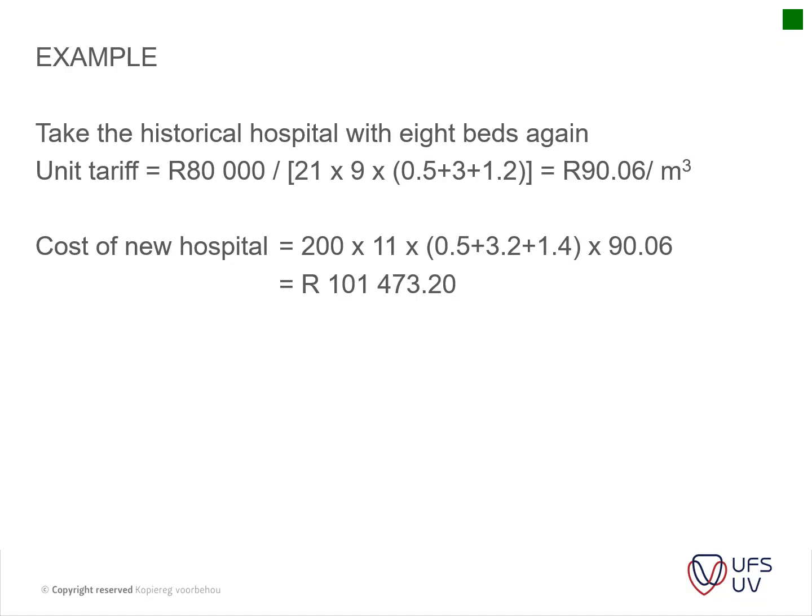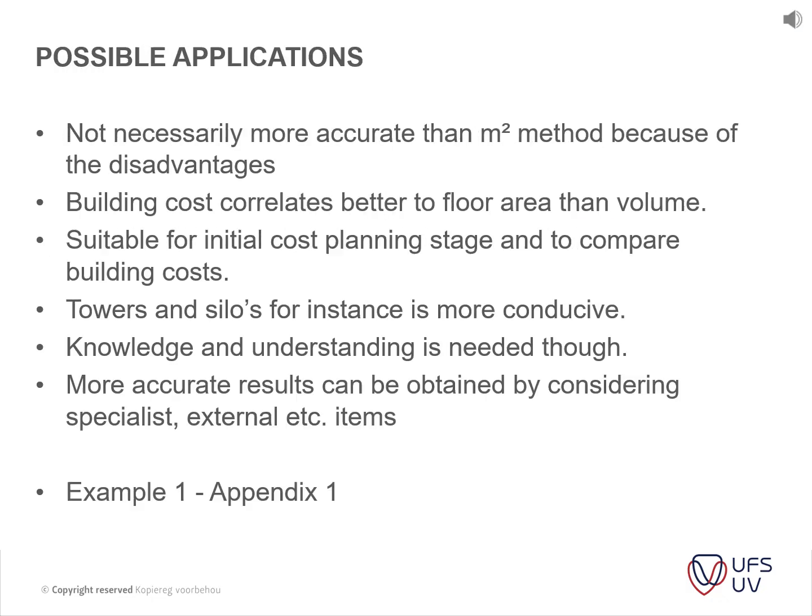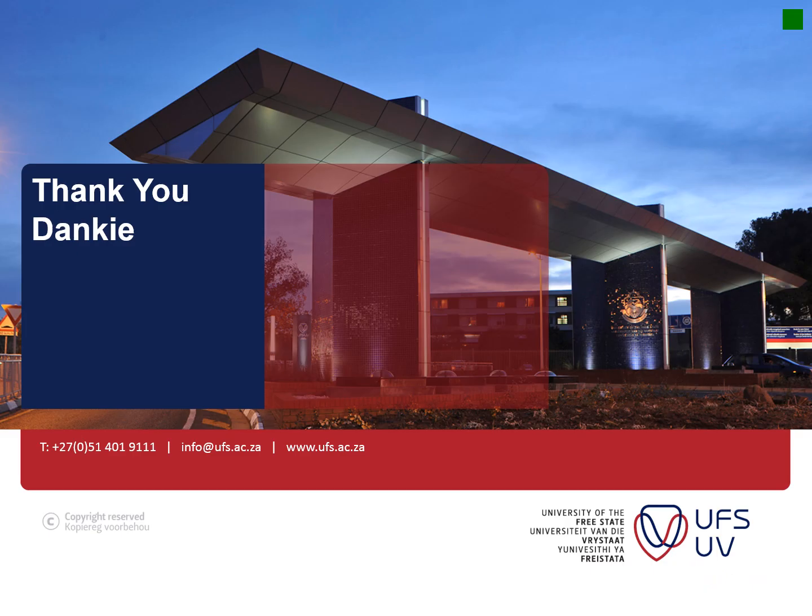Your example, again, you've got your 80,000 Rand divided by the volume of your building to get to the 90.06 cubes, and then you just times that rate with the volume of your new building to get a new basic cost. Okay, then again the theory sections.